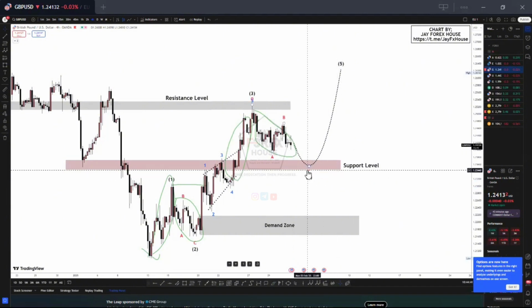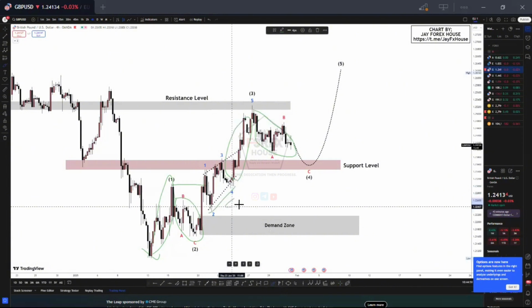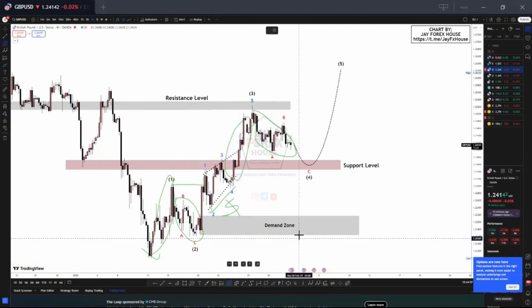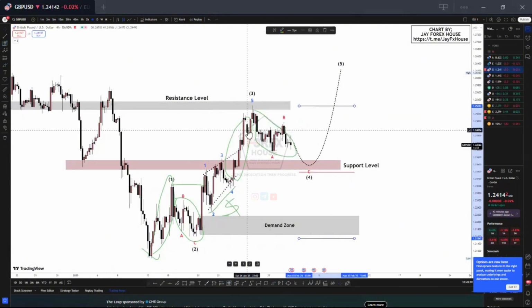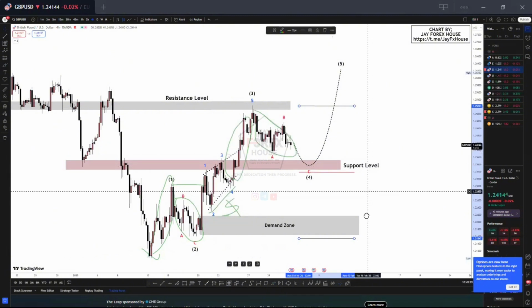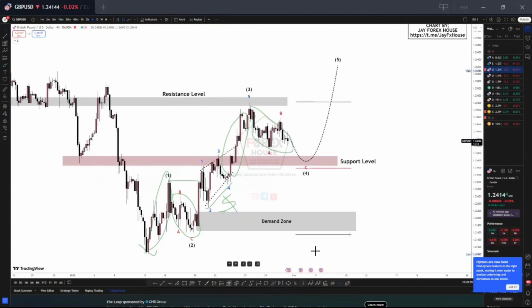So what we have here is also telling us that we have a demand zone at this point using smart money concept. And also we can see that this could be identified as the liquidity of this demand zone. We can also see that this is in a more discounted price of this newly formed range. So this is discount, and that's premium.